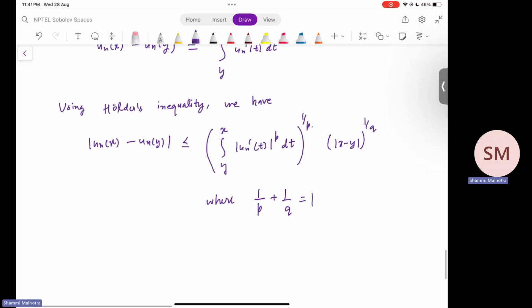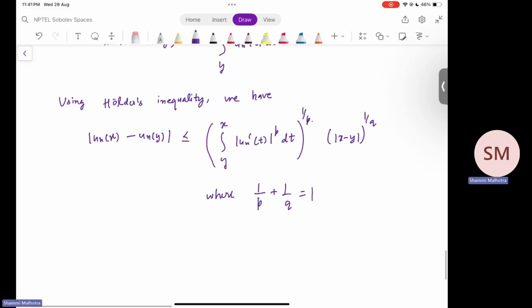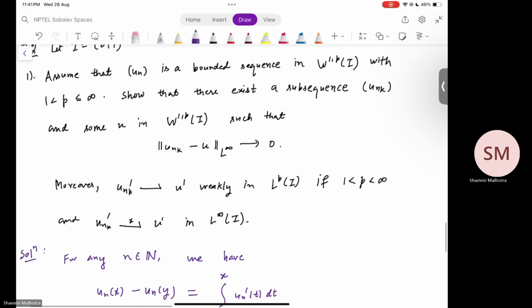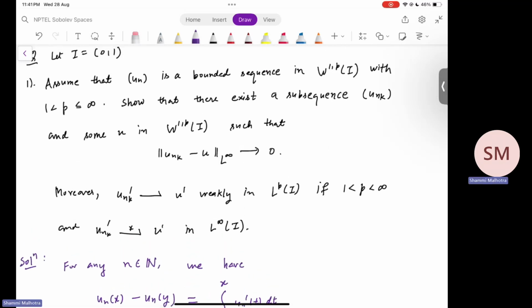We want to show a convergent subsequence in the L infinity norm. Since these functions are absolutely continuous, it's like using a compactness argument for continuous functions. And one theorem that helps us get a convergent subsequence is the Arzelà-Ascoli theorem.